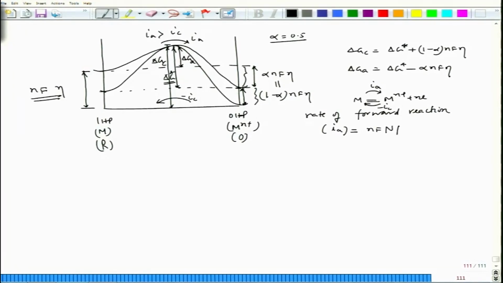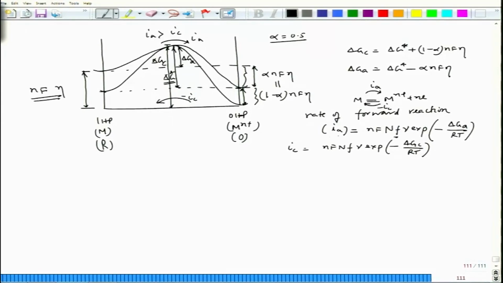nF, the frequency factor nu, the fraction of atoms that are going towards the OHP, and the fraction of atoms that go to the other end, and then exponential minus delta GA by RT. Similarly, IC can be related as nF nu exponential minus delta GC by RT.